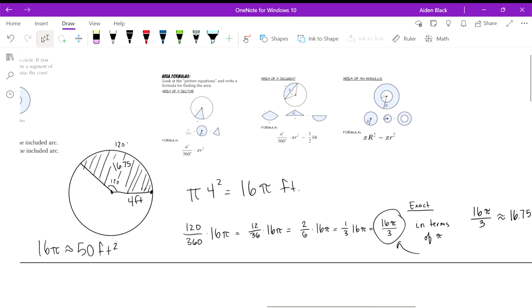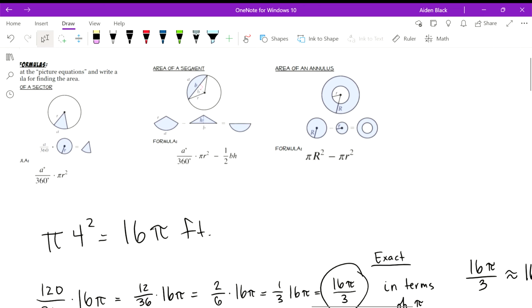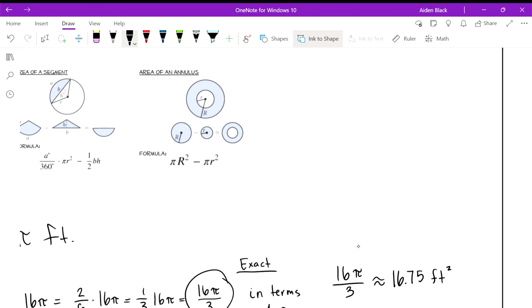Double check that. Area of a segment is the same thing, but you need to subtract out the triangle that exists there, okay? So, show you an example. Let's take this segment here, 90 degrees, and we just want this region right here. We want to know what's the area of this segment.